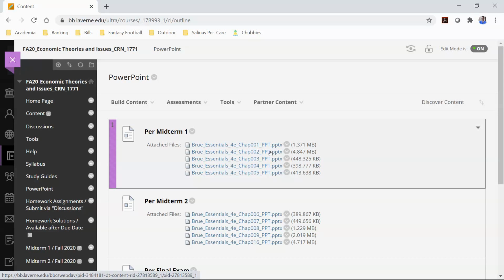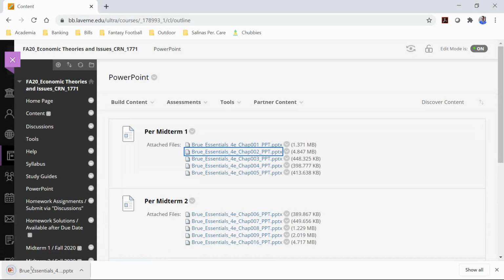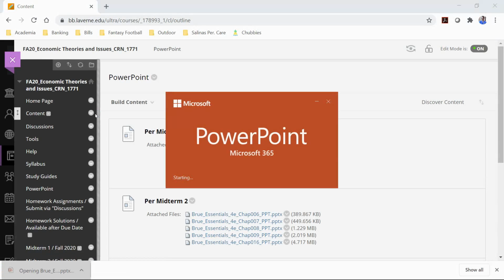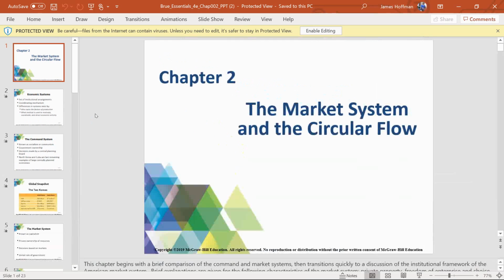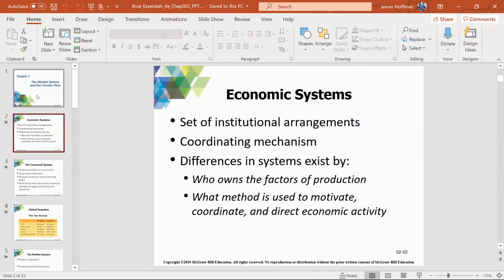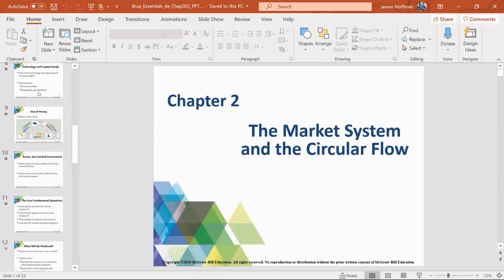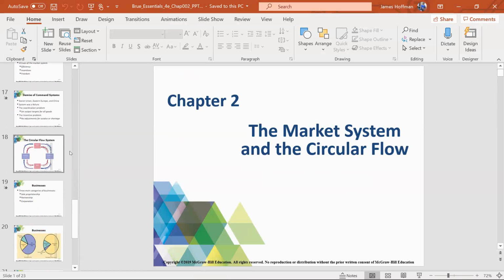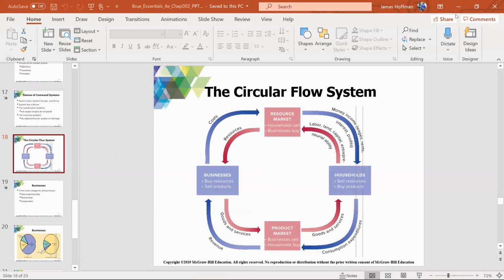Alright, slide 18 shows the circular flow model.